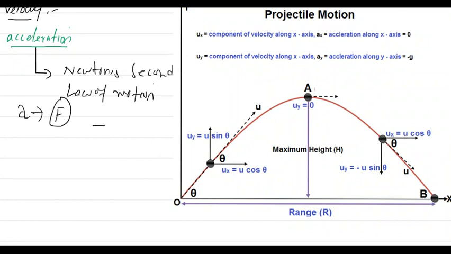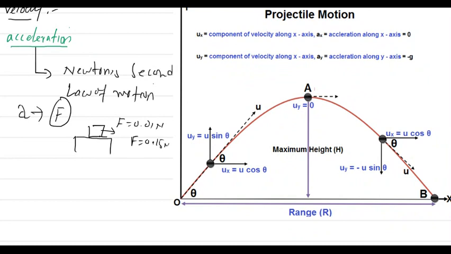For example, if this is the object, if I'm exerting 0.01 Newton force, what will happen? There's no change, no motion, no displacement. But if I increase the force, for example, to 0.15, then it starts to slide.